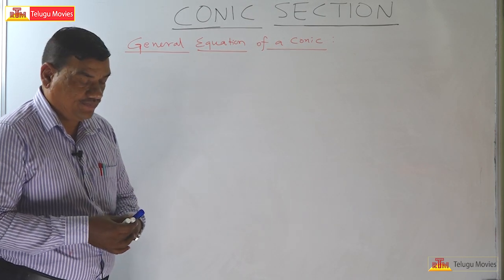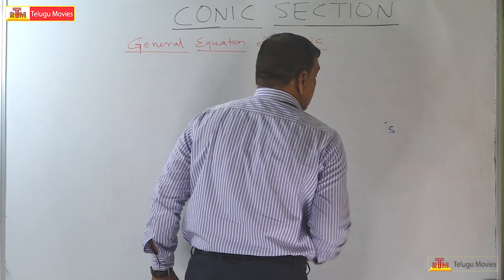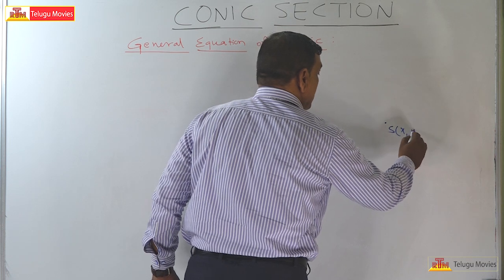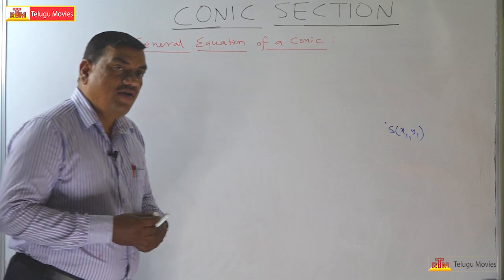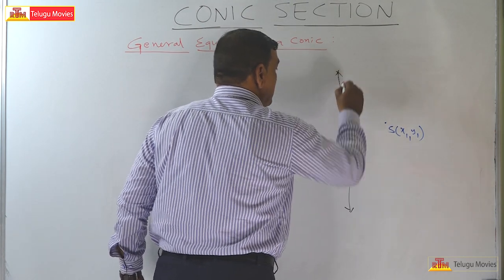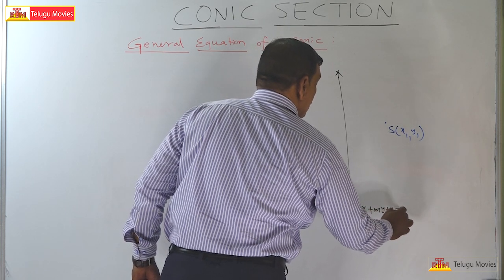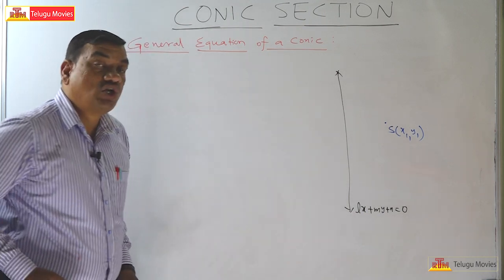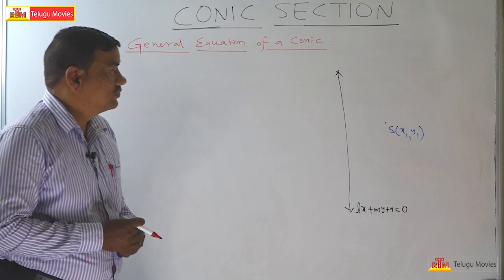Let us see that. Already we have taken one fixed point S. Let the fixed point be x1 comma y1. Let the fixed straight line have the equation Lx plus My plus N is equal to 0.